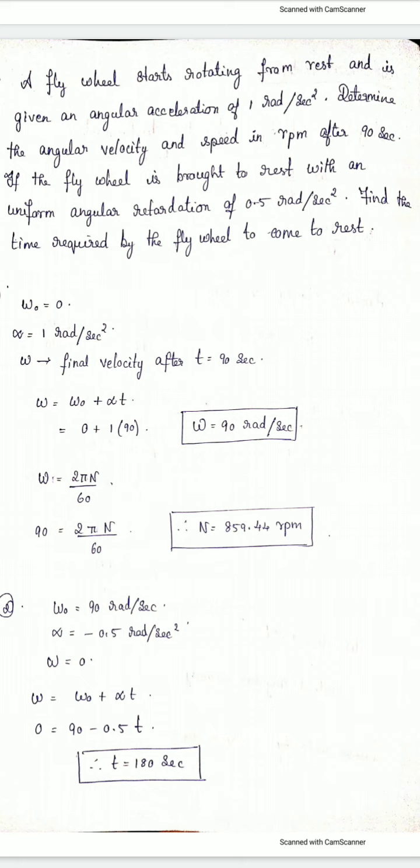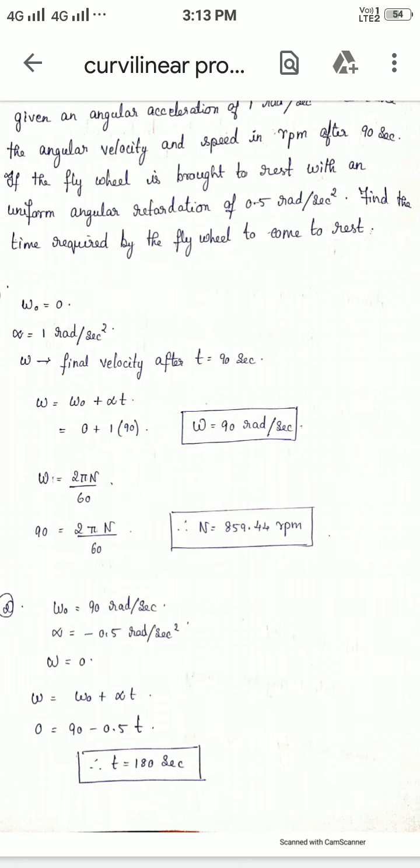Determine the angular velocity and speed in rpm. So we have to calculate omega and n after t is equal to 90 seconds. If the flywheel is then brought to rest with a uniform angular retardation of 0.5 radians per second square, find the time required by the flywheel to come to rest.